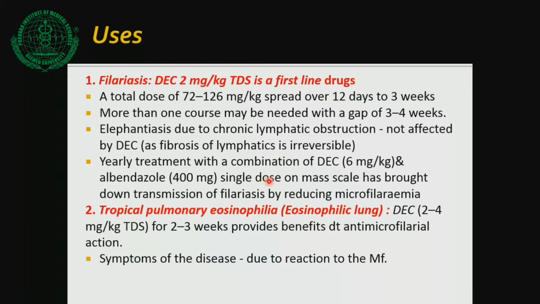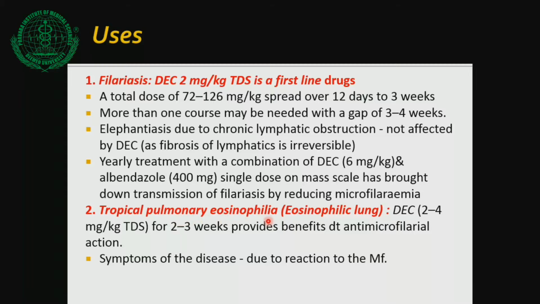Sometimes if there is community transmission or the disease is endemic in a particular community, we can give yearly treatment with a combination of DEC and albendazole single dose as mass prophylaxis, so as to bring down the transmission of filariasis by reducing the microfilaremia of the Wuchereria bancrofti.